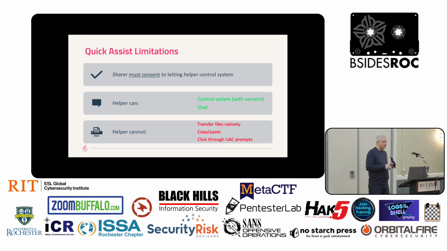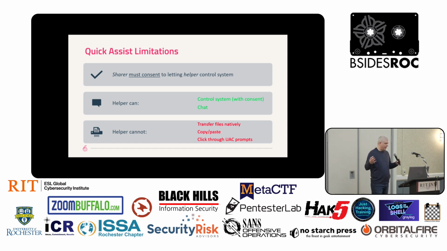Once that happens, the helper can control the system and they can chat with the user. There's a little text chat feature. There are a couple of other minor things, like marking up the screen and so on. But the helper cannot transfer files natively to the system. You cannot transfer files natively through Quick Assist. You cannot copy and paste through Quick Assist, and the helper cannot click through UAC prompts.